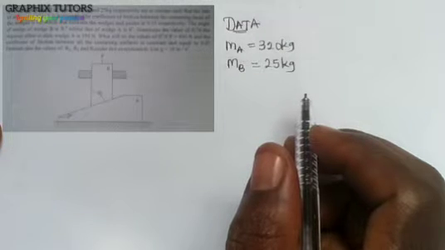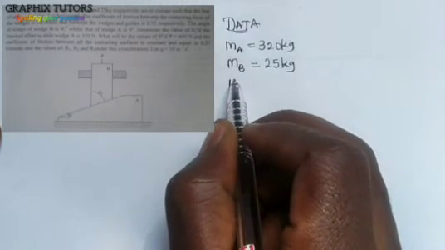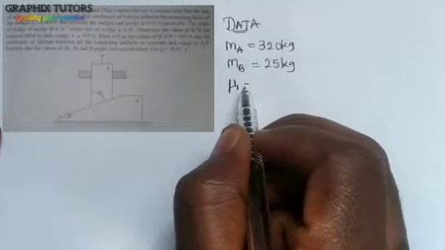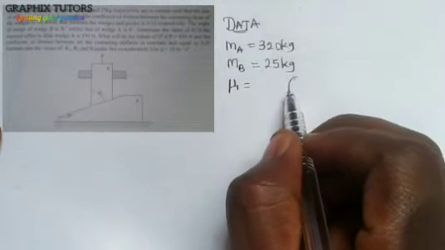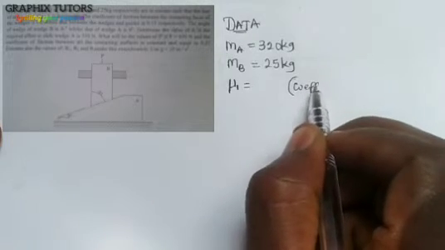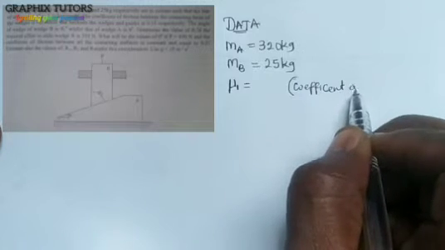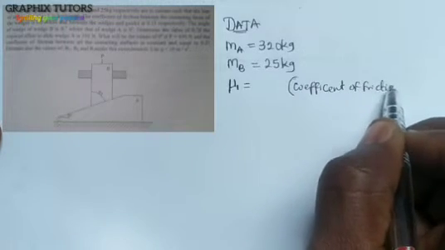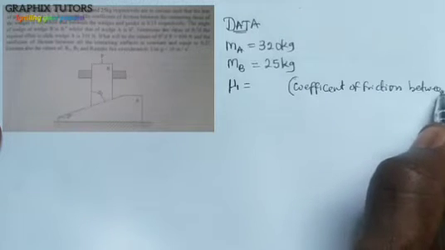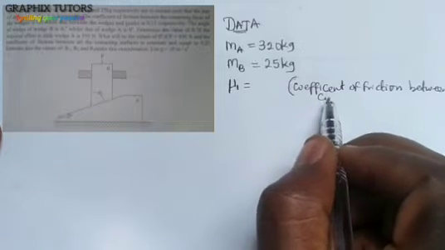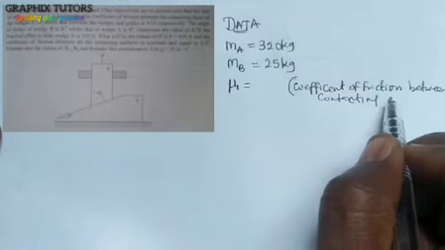The coefficient of friction between the contacting surface. Now let me use mu1 as the coefficient of friction between the contacting surface. I'm going to write it this way: coefficient of friction between contacting surface.